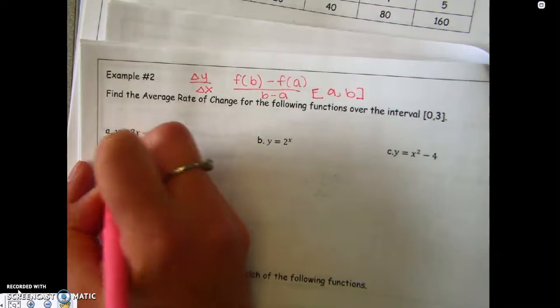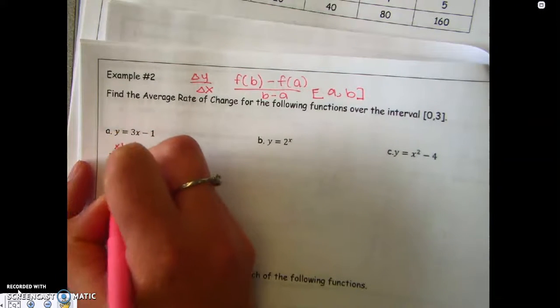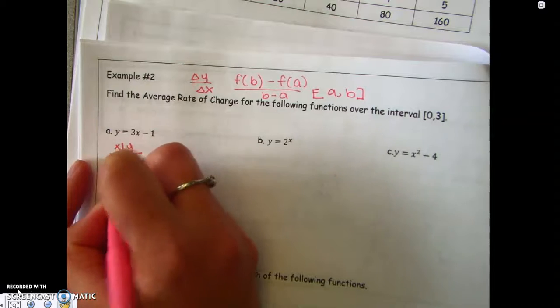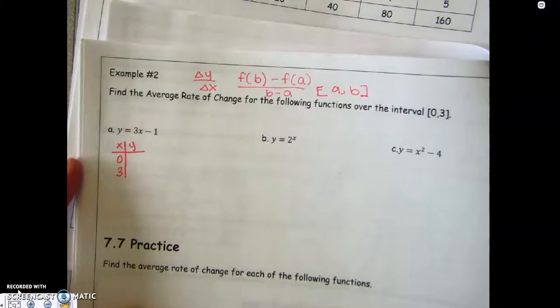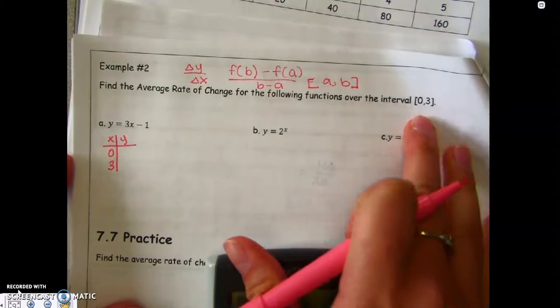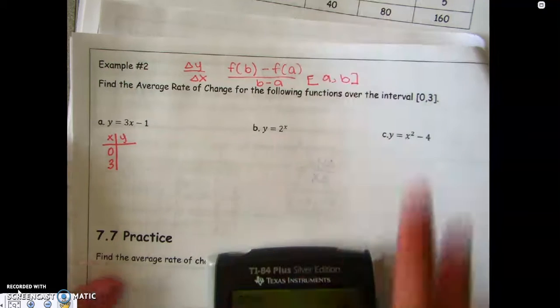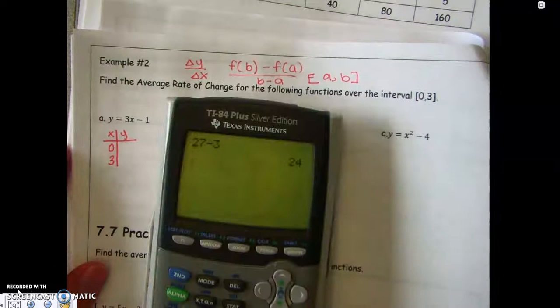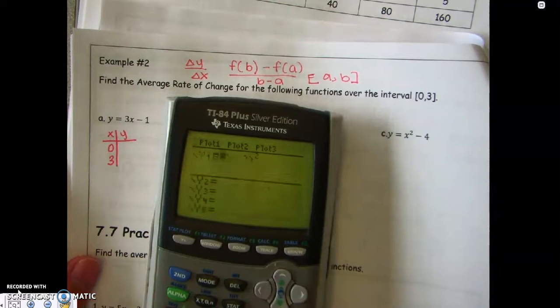So I would just make a table where I have x values of 0 and 3. I know this is an interval and not a point because it has the square brackets there. So I'm going to type this equation into my y equals: 3x minus 1.